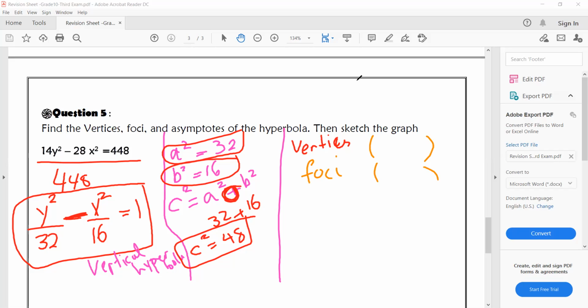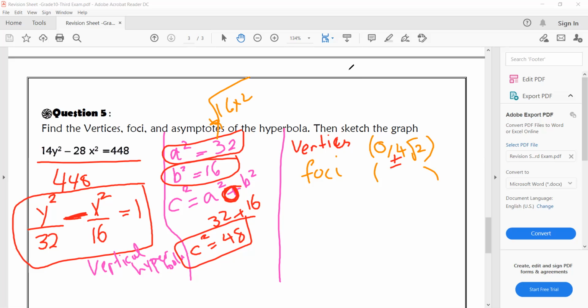So it is 0, then what? 0a or 0b? 0a. So a is square root of 32, or you can write it as 16 times 2, or you can write it as 4 square root of 2. Positive, and don't forget the positive, negative.